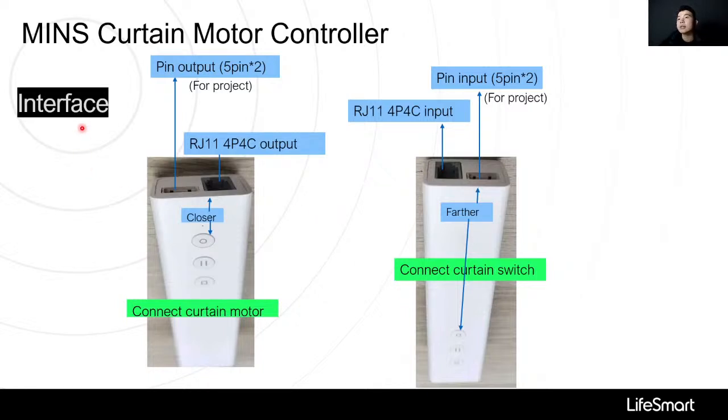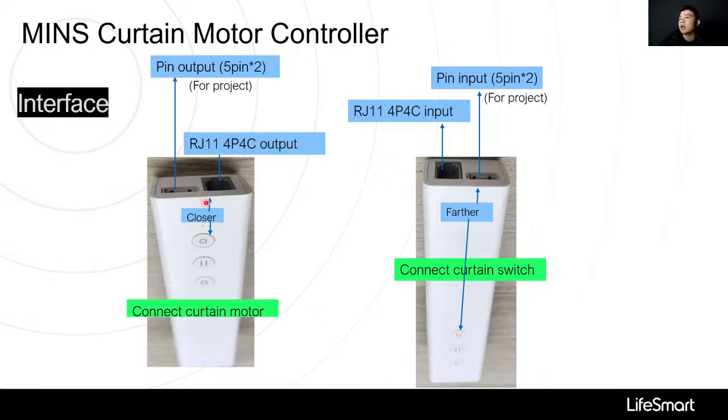Then to understand the interface, let's use the three buttons as a reference object. The end closer is the output interface, and the end farther from it is the input interface.